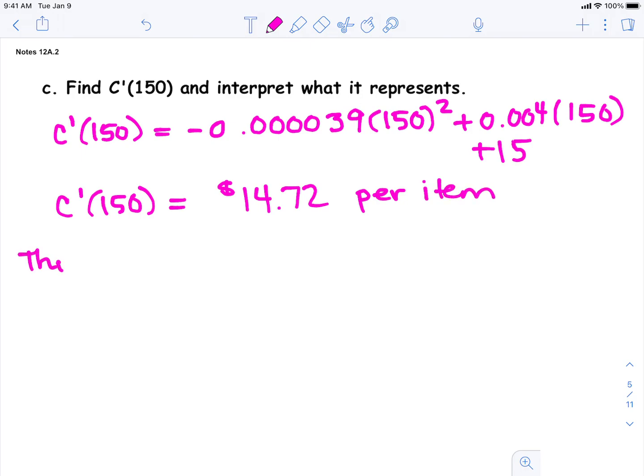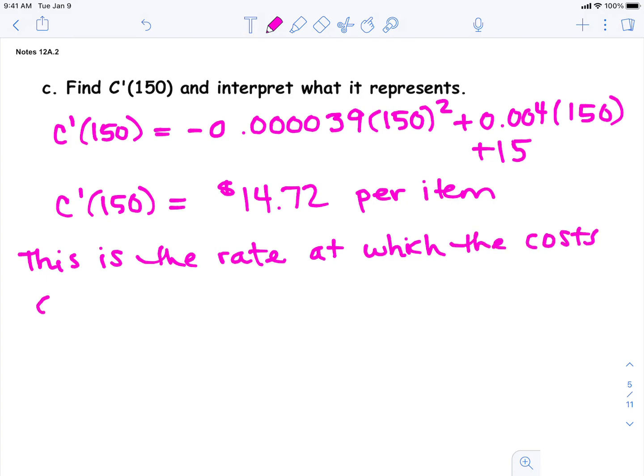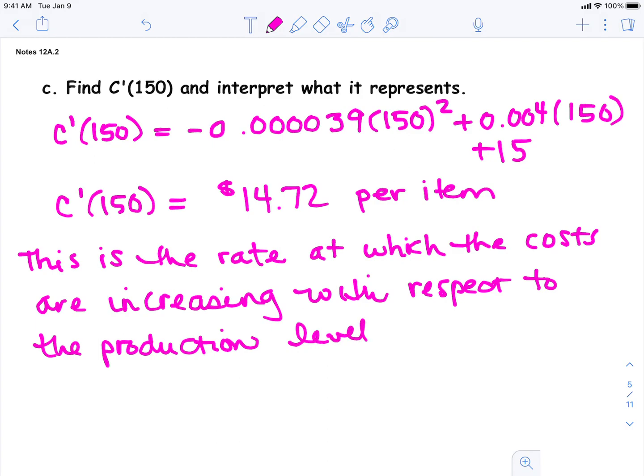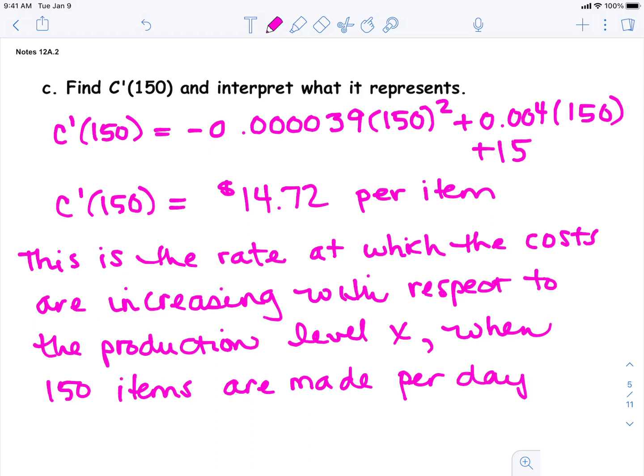So this is the rate at which the costs are increasing, because that is a positive 14.72, with respect to the production level x when 150 items are made per day.